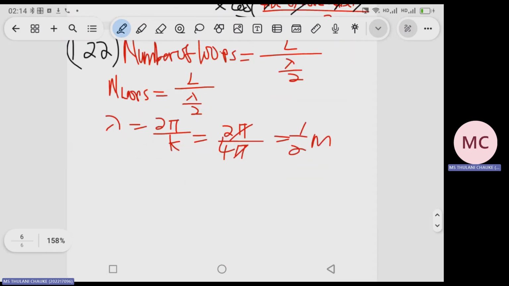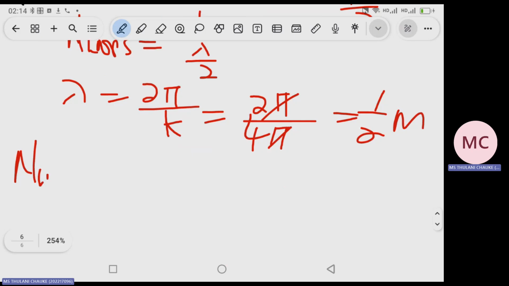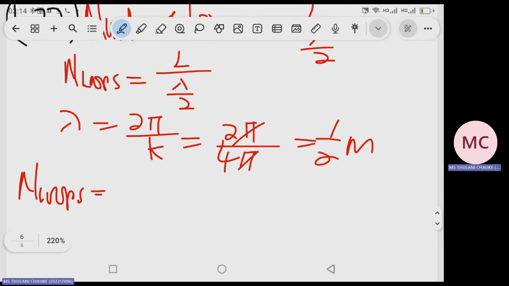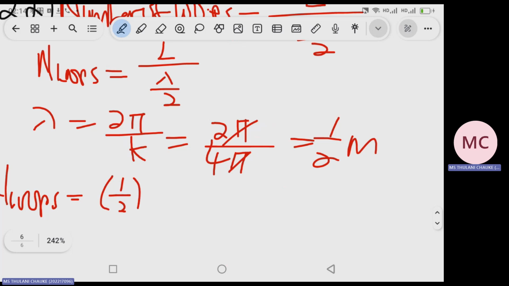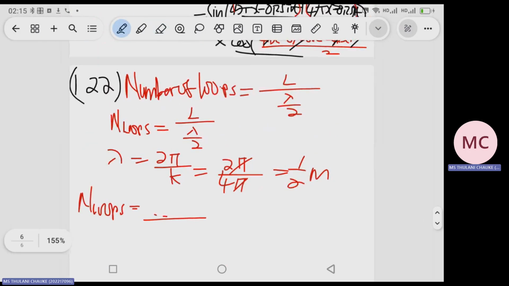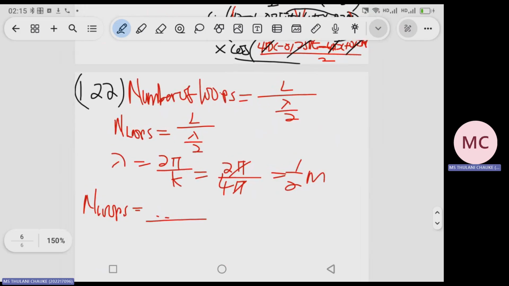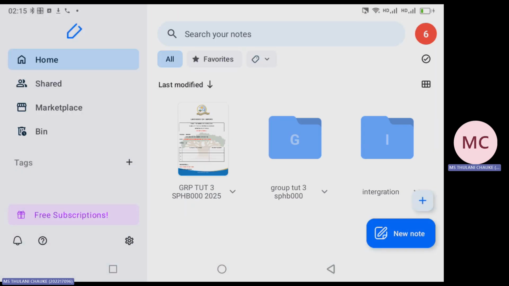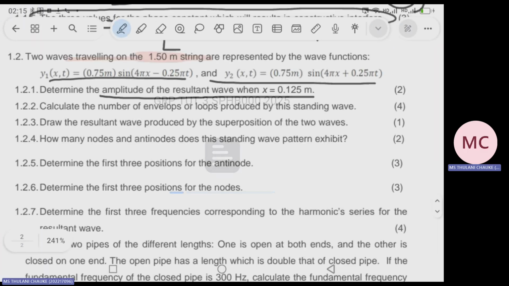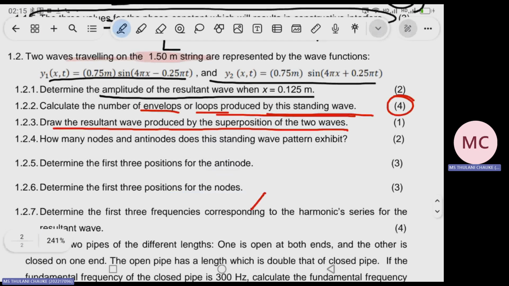So now we can come back and say the number of loops is equal to L divided by 1 over 2. The length was given in the question. Let's go and check the length. I think it was given. It was 1.5.